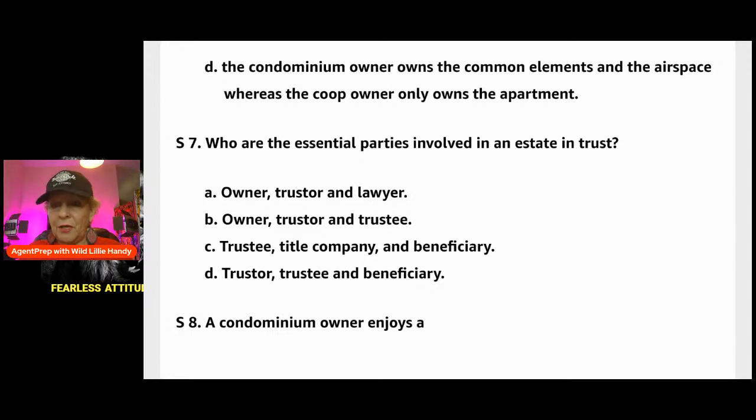There are several of you on here, so type your answer in the chat. Yes, the answer is 7D. Very good. Trustor, trustee, and beneficiary. So type in the chat, who is the trustor, who is the trustee, and who is the beneficiary.